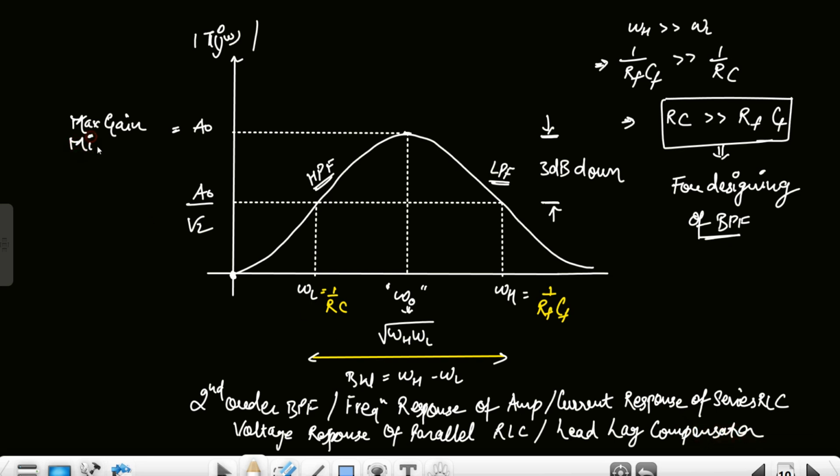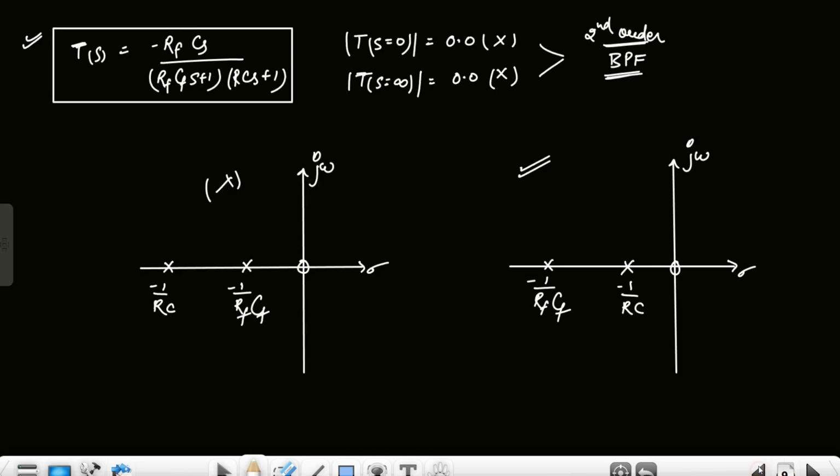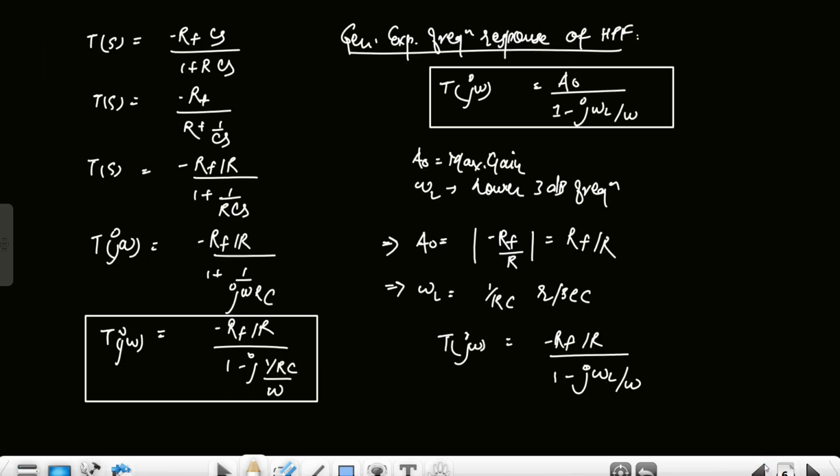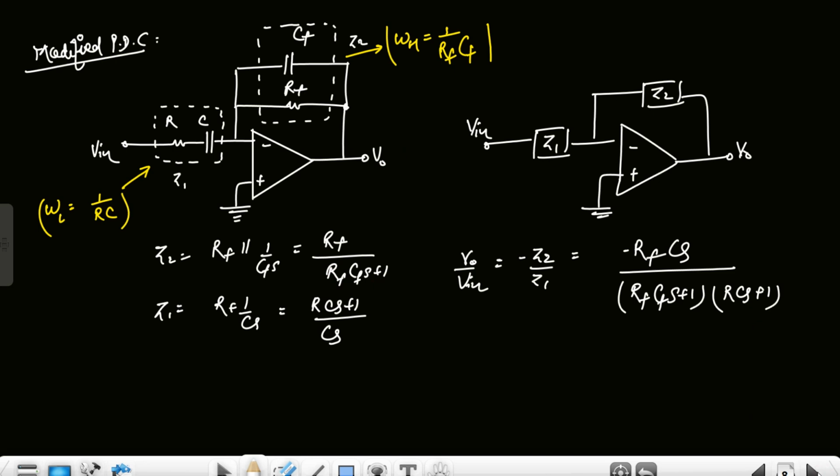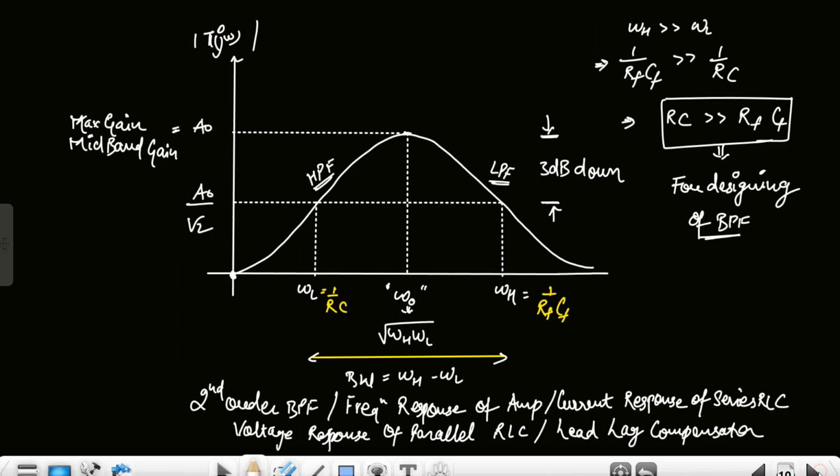This is the midband gain. So this is the discussion of the differentiator circuit: first the ideal differentiator, then the practical and the modified practical differentiator circuit, right? Okay, thank you.